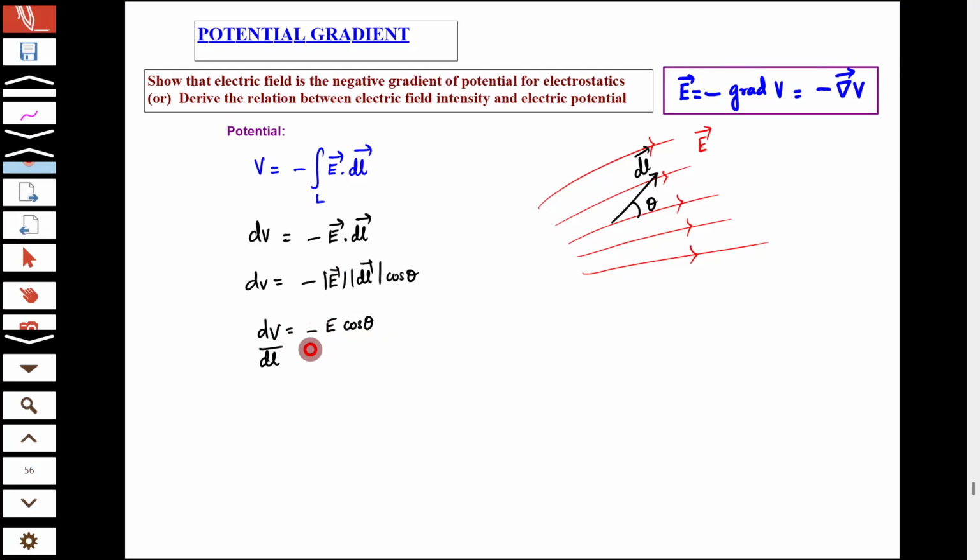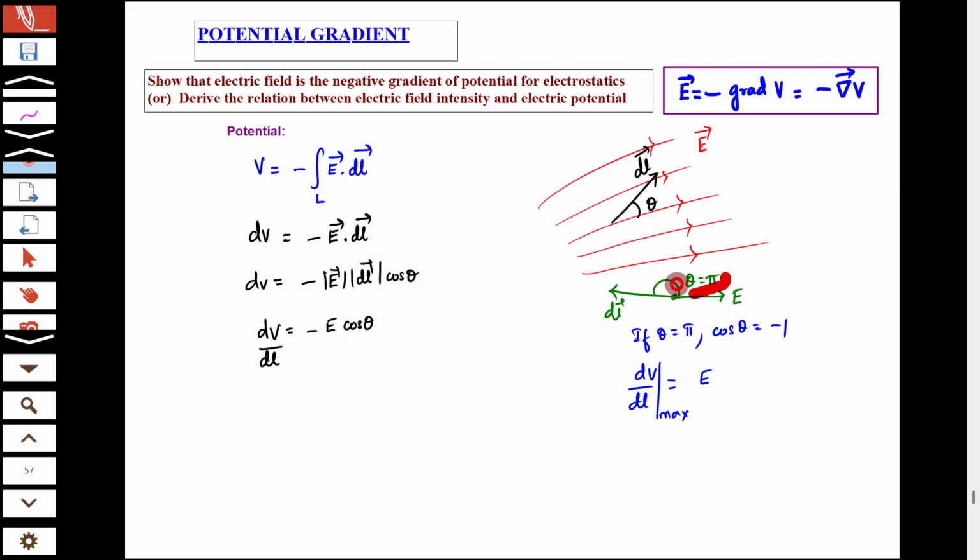Now we are going to look at how this negative sign is going to affect the relation between E vector and V. So this minus E cos theta, this significance we are going to look at from this graphical representation. Now we are going to consider when this expression will reach its maximum value. That is, dV by dl maximum will be attained for an angle of pi.